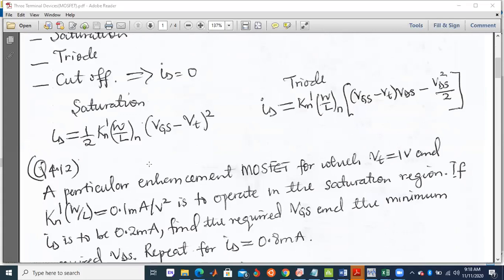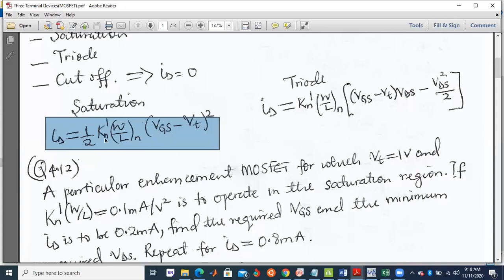So now for the saturation region, this is the formula for finding the current in the saturation region. Please, it is very important, don't mix the formula. For the saturation region, this is the formula: 1/2 Kn prime.